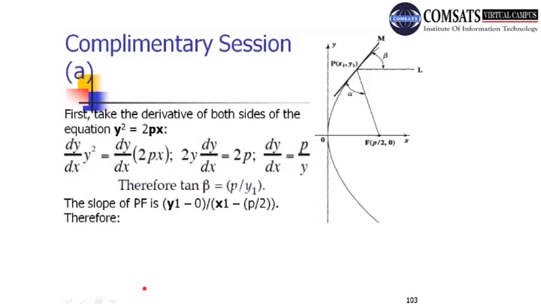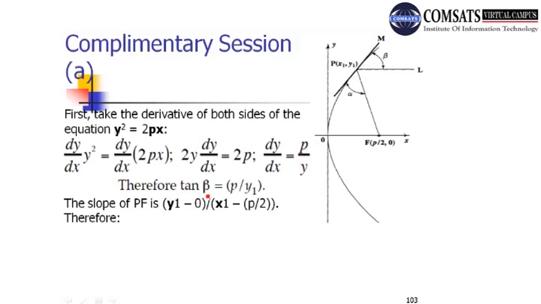First, we take the derivative of the given equation, y square is equal to 2px. Taking the derivative with respect to x, we get 2y dy over dx is equal to 2p, and we are left with dy by dx, that is the slope, equal to p by y.